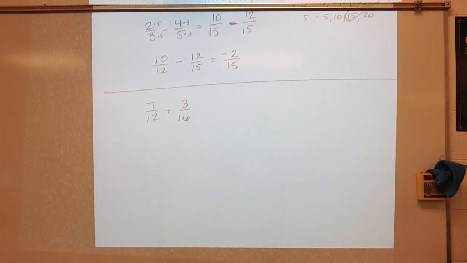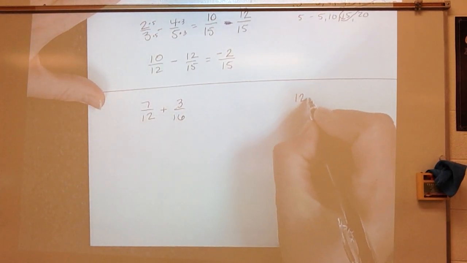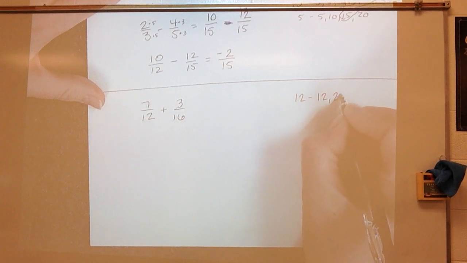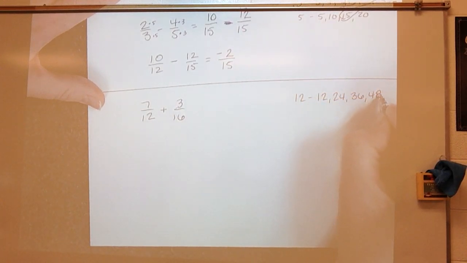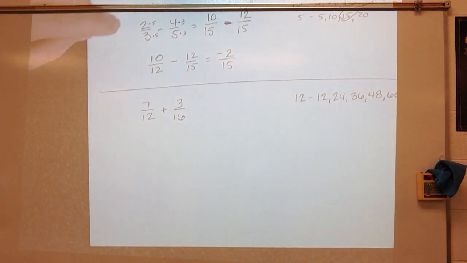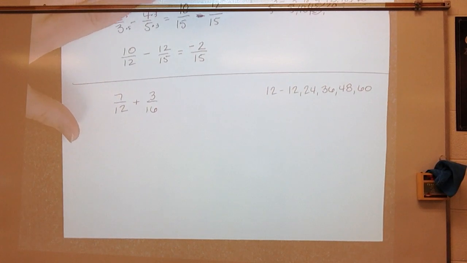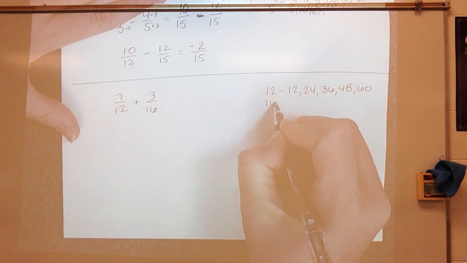I can list them, or I can also use the method that we learned in doing the prime factorization. Either way, it does not matter. I can list my multiples. Alright, so that's the first 5. 16.